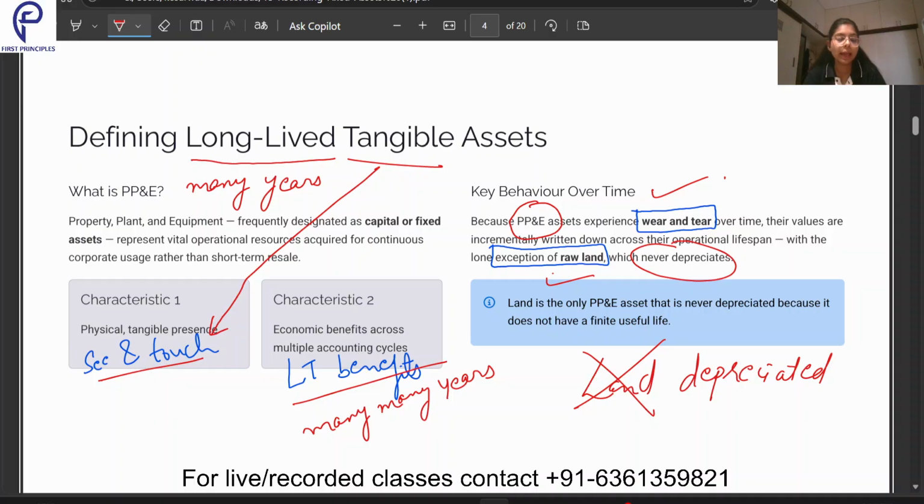Because first of all, it is a resource which is very limited in nature. We have a lot of land as of now, but again it's limited, and the value of land is going to increase, and that's how it's seen as an investment. So that is why land is never ever depreciated.